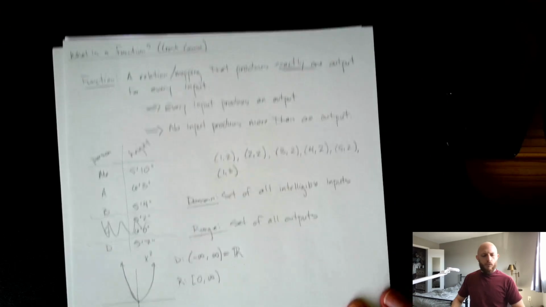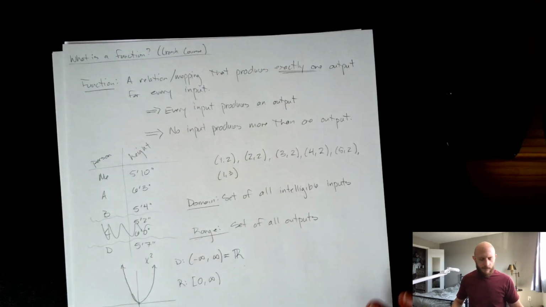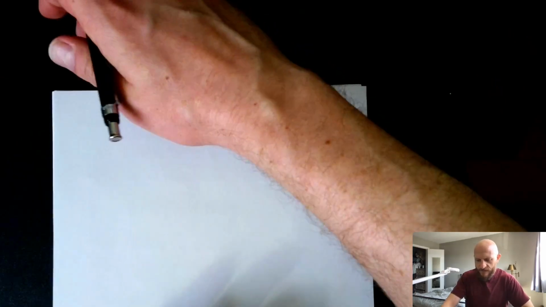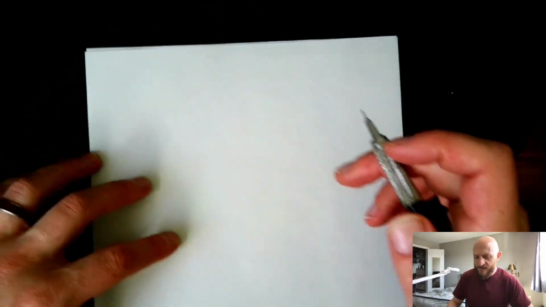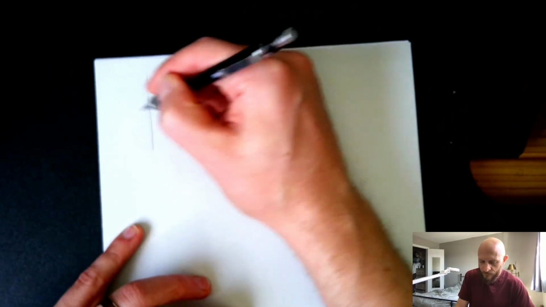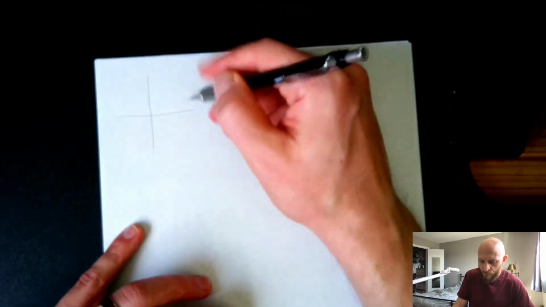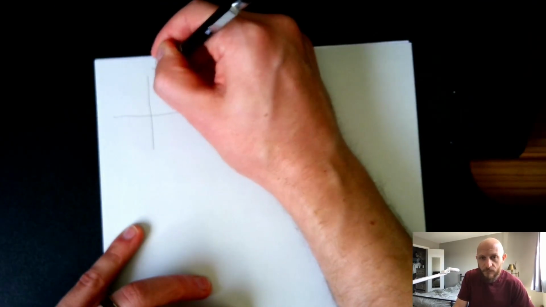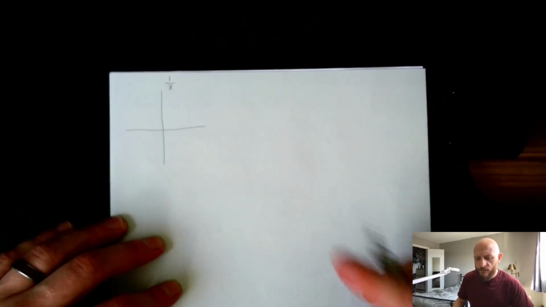Let's look at one more function, just to get an idea of domain and range, at least as far as the graph goes. Then we'll look at an equation and try to tease out the domain and range of the function. So here's one last one. We often call this the reciprocal function, 1 over x.